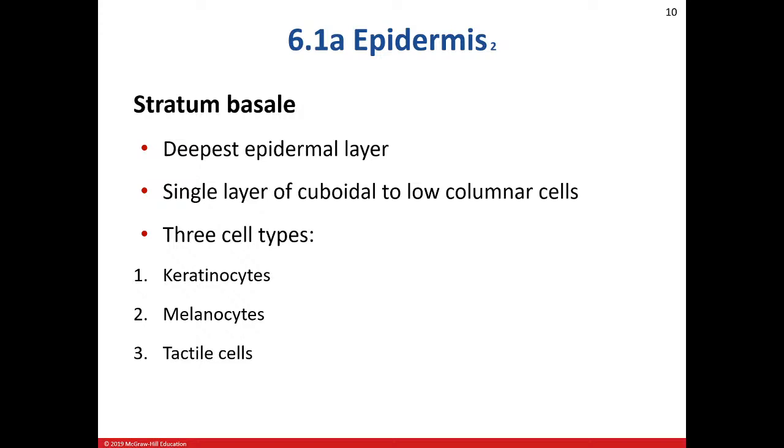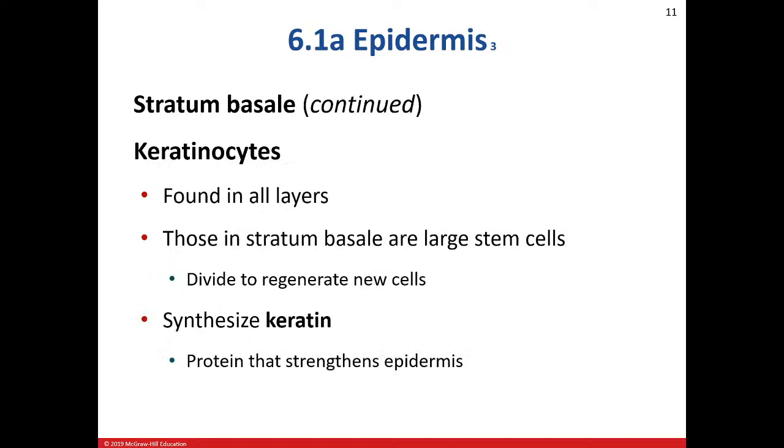Melanin is important because it absorbs ultraviolet light, and ultraviolet light is a form of ionizing radiation. And as such, ultraviolet light is responsible for creating skin cancer, most of the cases of skin cancer. And then, of course, we have tactile cells in the stratum basale, which can detect touch.